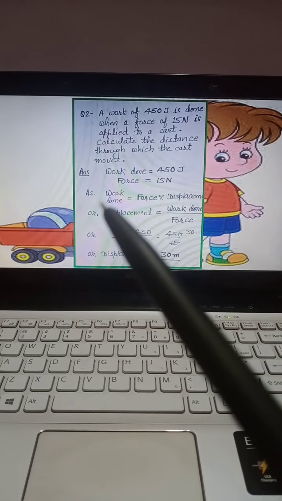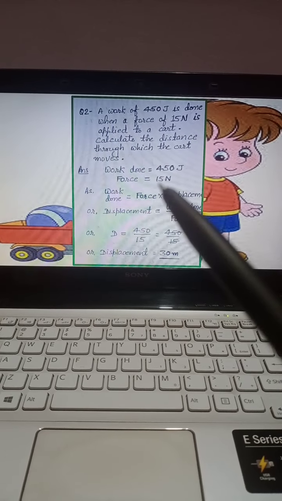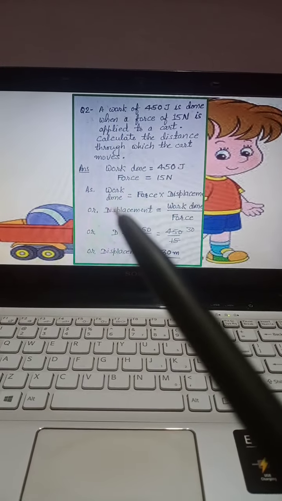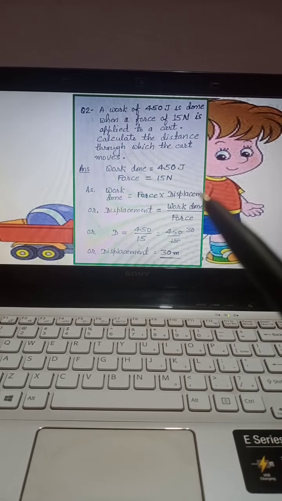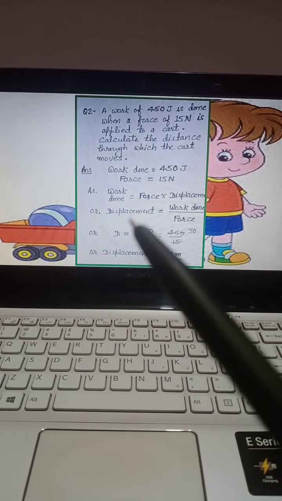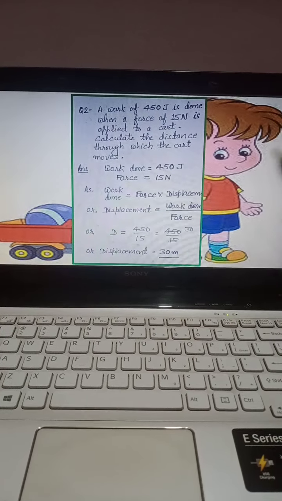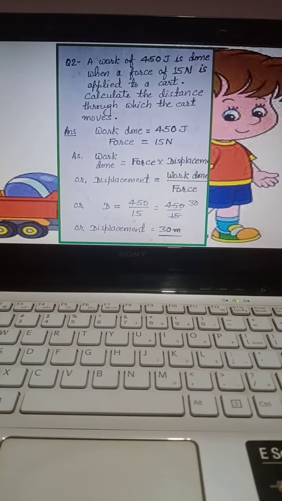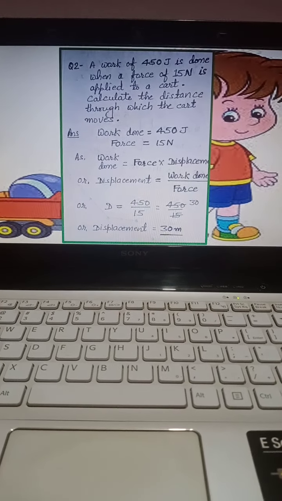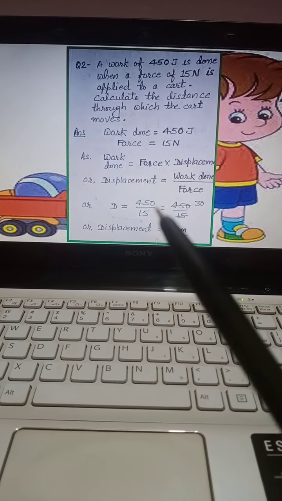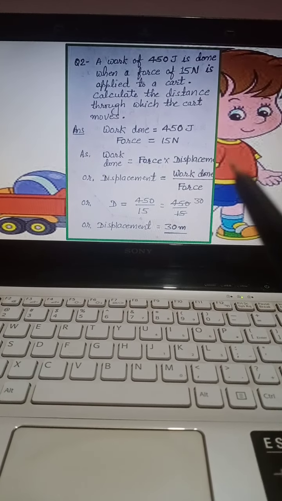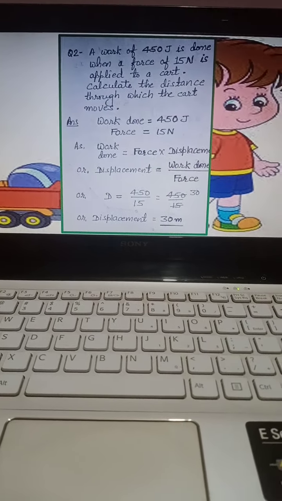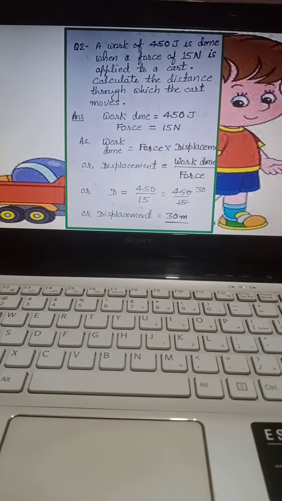So in this numerical, work done is given and force is given, and we know the formula work done is equal to force into displacement, or displacement is equal to work done by force. So displacement is equal to 450 divided by 15, and then we will get displacement as 30 meter.